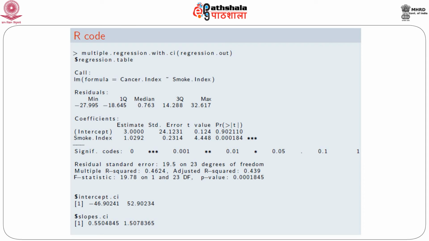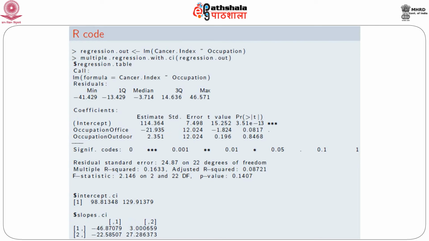From the p value, we reject the null hypothesis that beta 1, the regression coefficient corresponding to smoke, equals 0, and the confidence interval that we have computed for slope also gives us positive numbers, which means the confidence interval does not include 0. So, we had rightly inferred that smoke index is a significant predictor for this model.